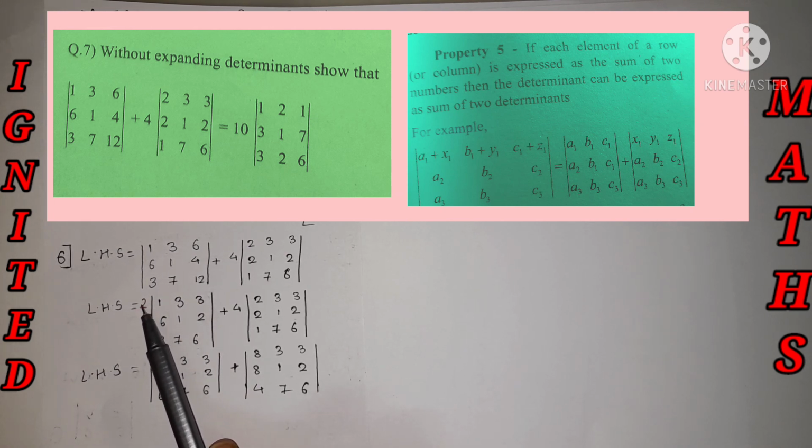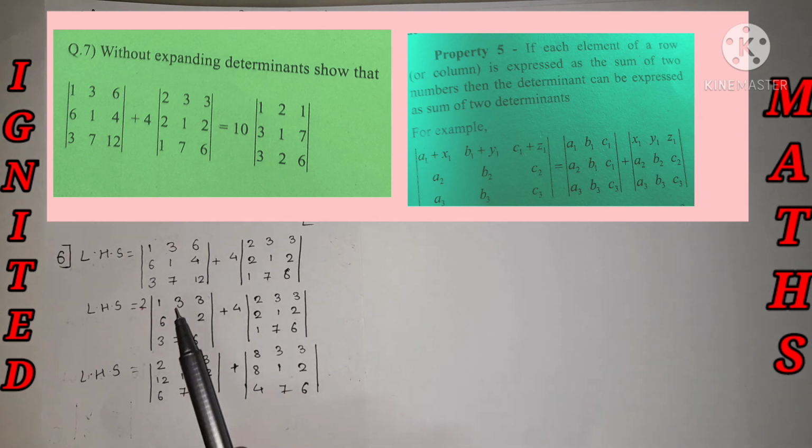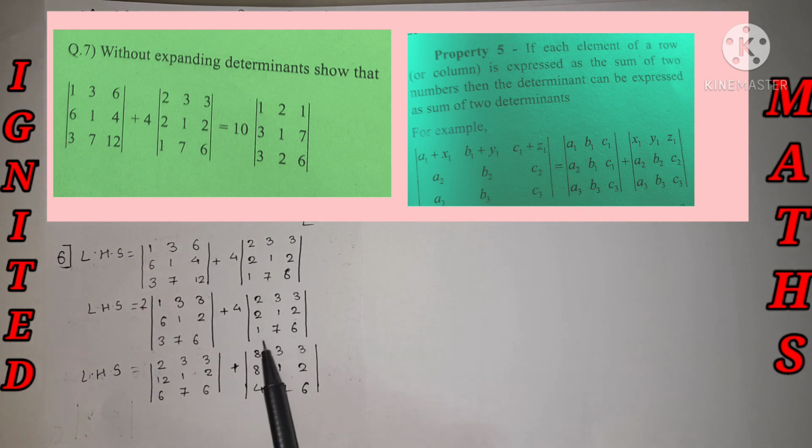So this 2 and this 4 I'm going to multiply in column 1. Why not column 2? Because 317 is common from column 2, so I'm not going to disturb it. 326 is common from column 3, and I'm not going to disturb it either. So the only number to disturb is over here at column 1.